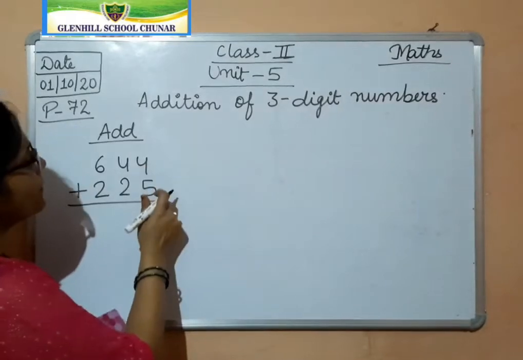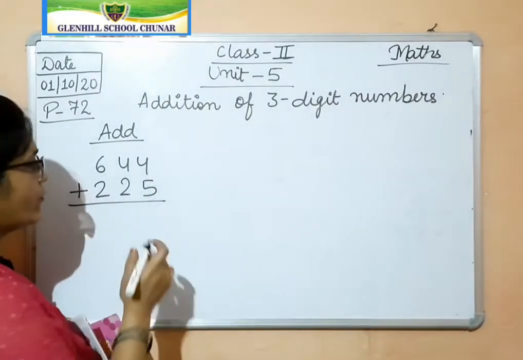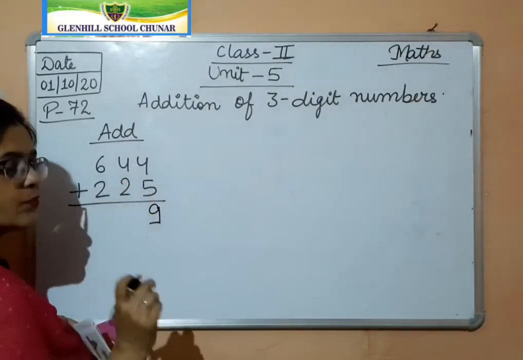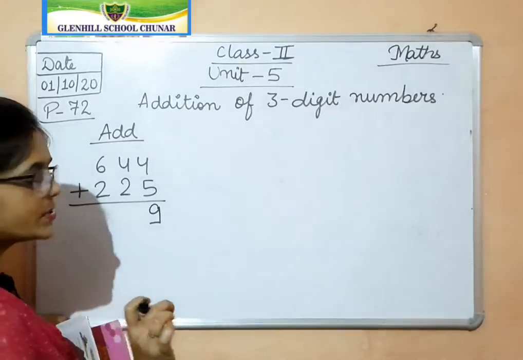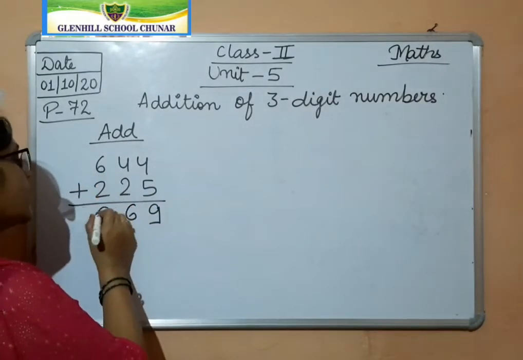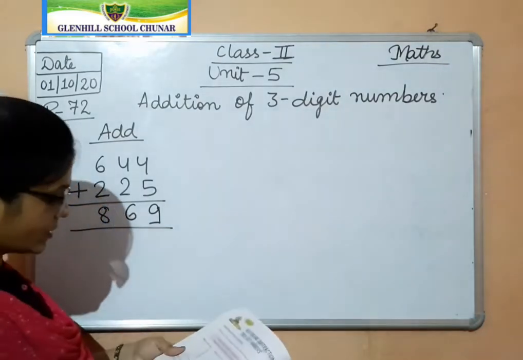So 4 plus 5, 4 plus 5 is what? 4 plus 5 comes 9. Now 4 plus 2, 4 को plus करिए 2 से, that comes 6, and 6 plus 2 is 8. Okay, so 869.